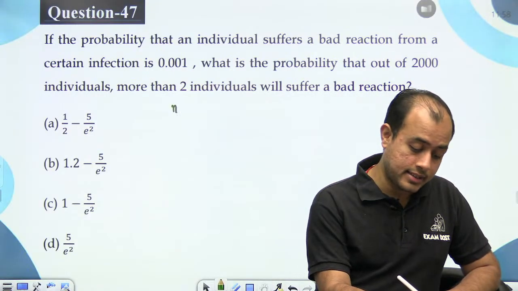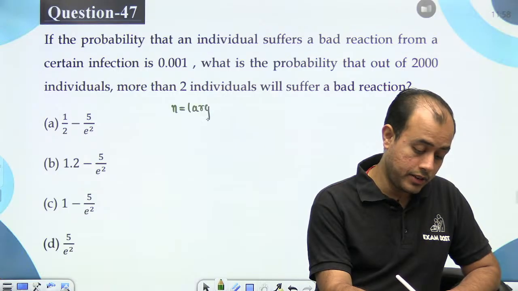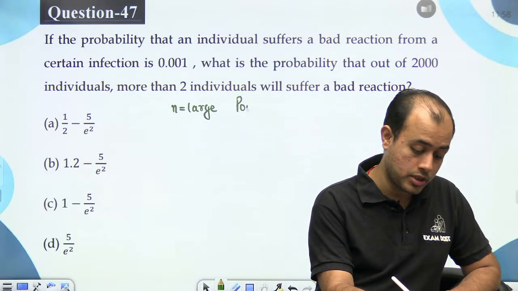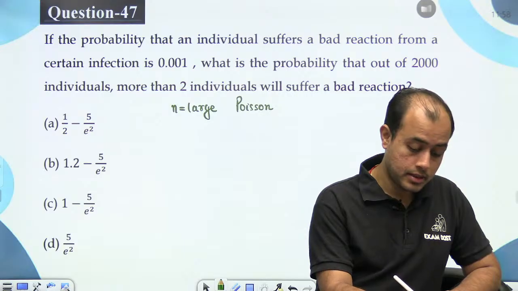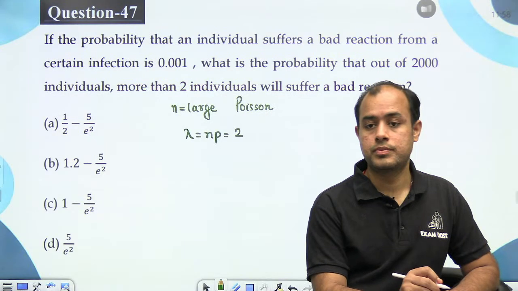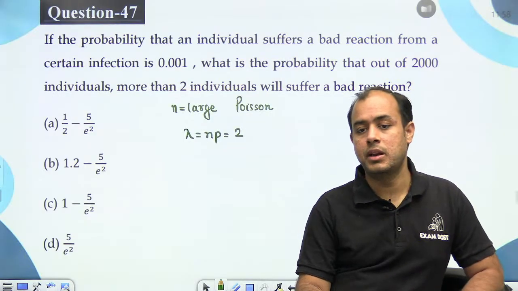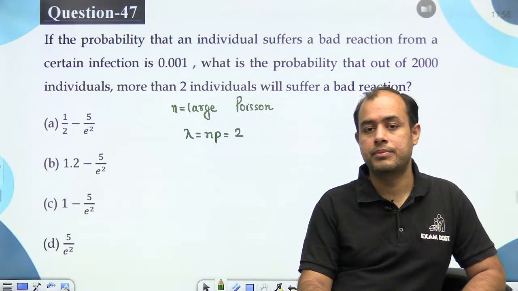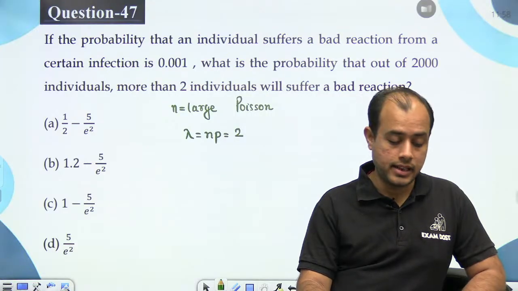Because n is large, we will use Poisson distribution. Lambda equal to np, so it is 2. Is this clear?